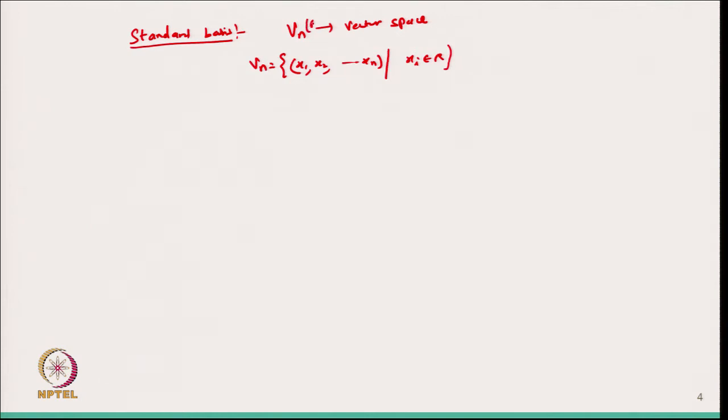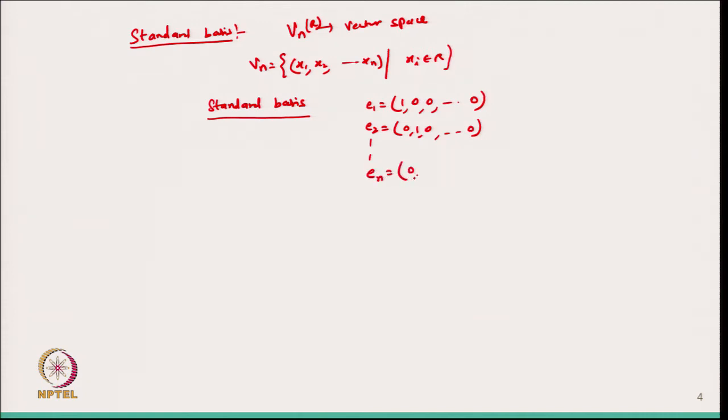This is a vector space over the real line, which we already know. In this case we can define the standard basis. The first vector I can define as E1, that is 1 followed by 0 0 0. Another I can define as 0 1 0 0, and so on, and in the last I can define En that contains 0 0 0 1. All of these belong to Vn.